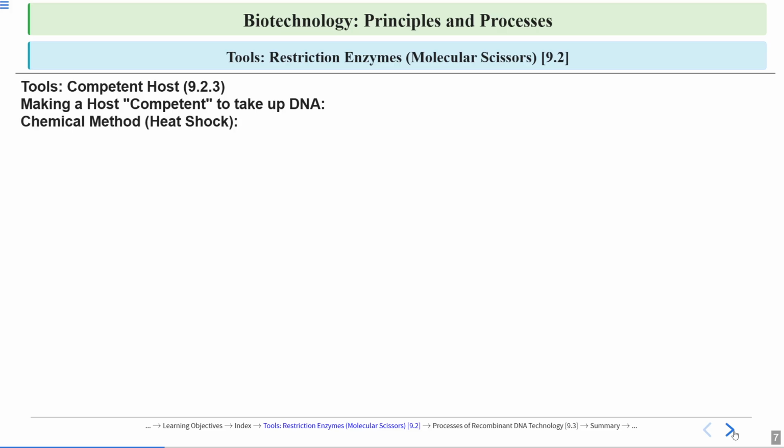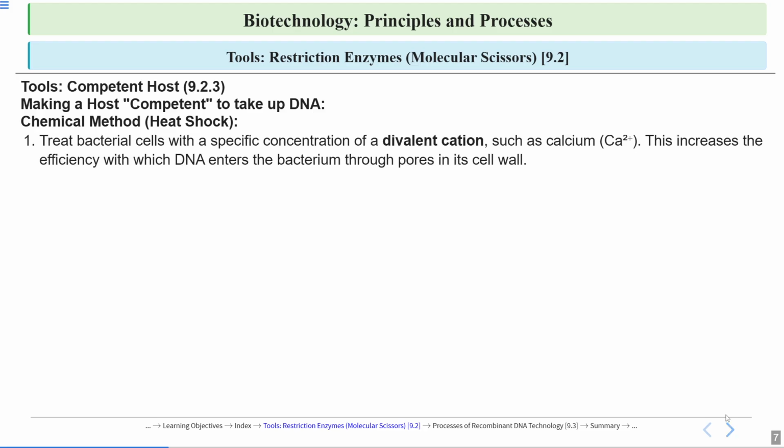First, the chemical method, that is the heat shock method. How do we make a cell competent to take up the DNA? So the first method is the chemical method. We also call it the calcium chloride method, because we use calcium chloride in this.